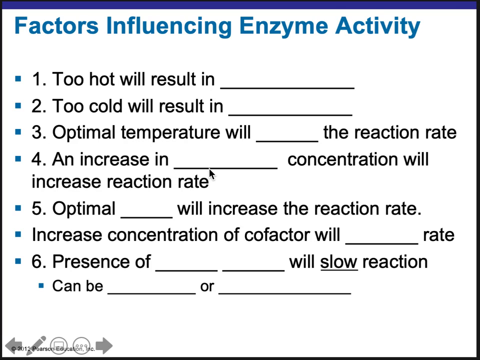An increase in the substrate concentration will increase the reaction rate until you reach the point of saturation. Optimal pH will also increase the reaction rate. And of course, if a cofactor or coenzyme is required, then increasing the amount of that will also increase your reaction rate.